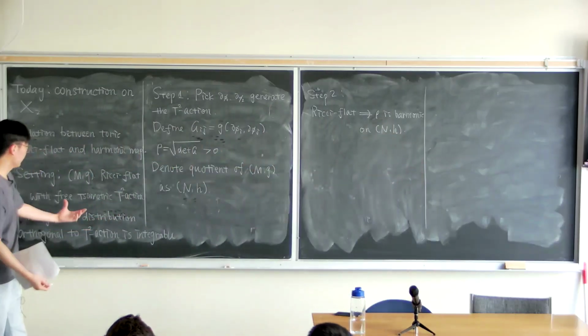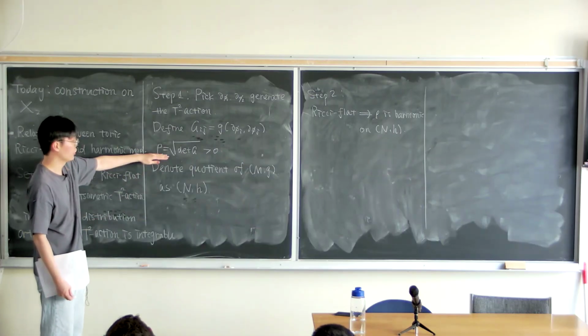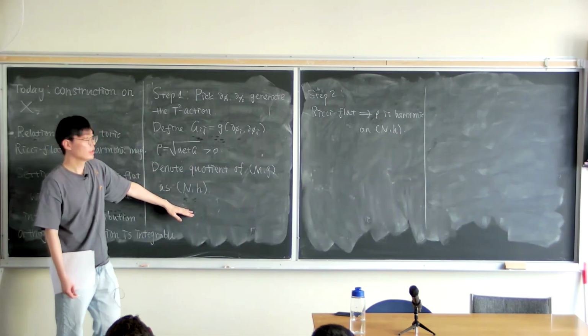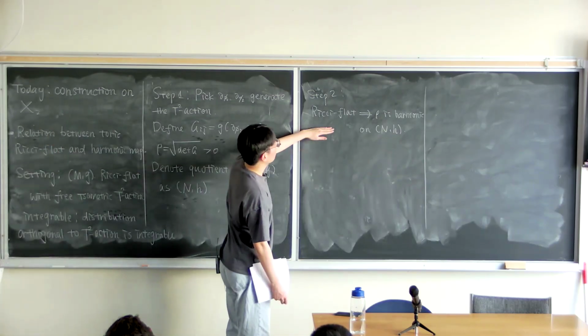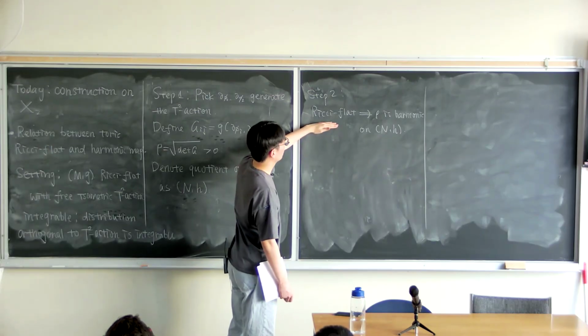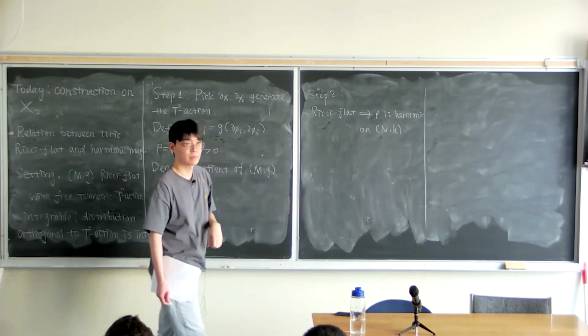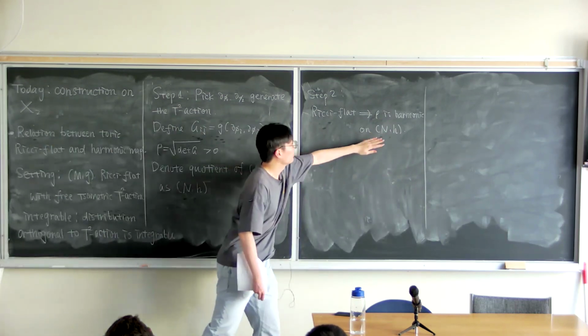Because this T2 action is an isometric action, everything is T2 invariant, so your function rho, of course, is a function on the base. Using some calculation, you realize that the Ricci-flat assumption implies that your function rho is actually harmonic on the 2-dimensional base.